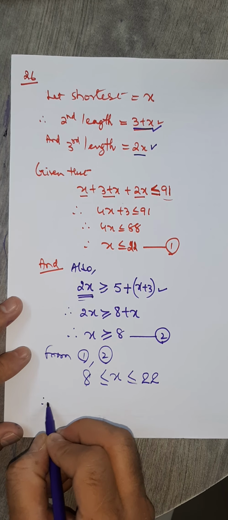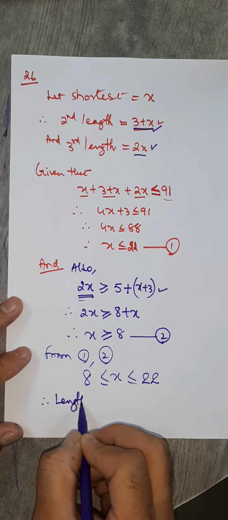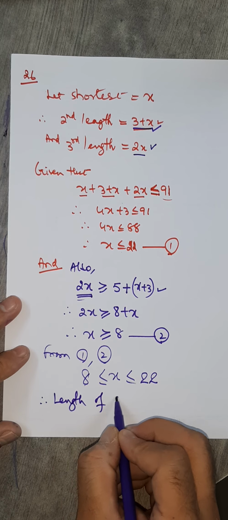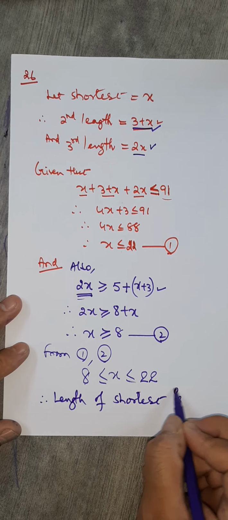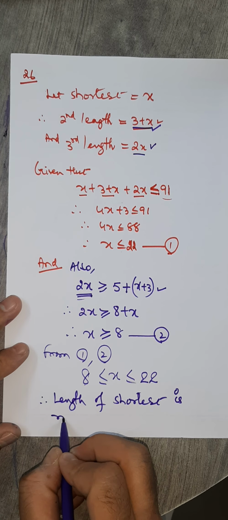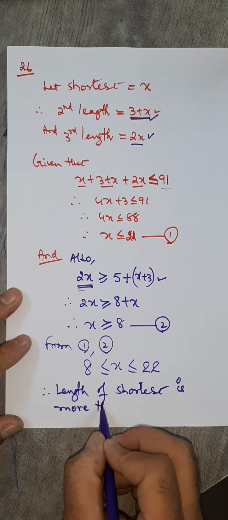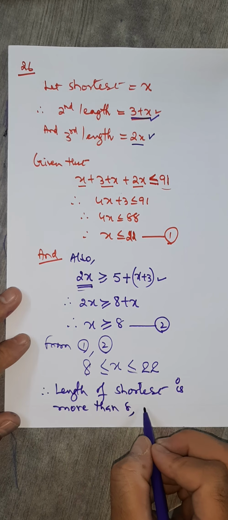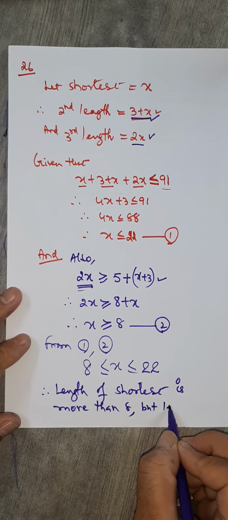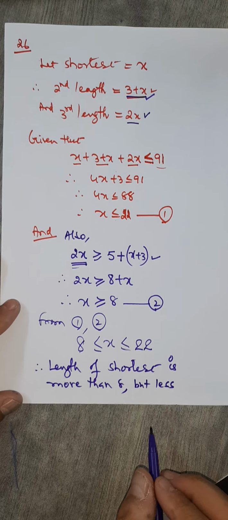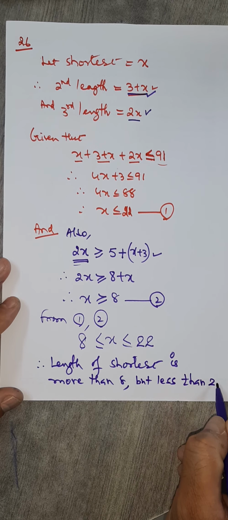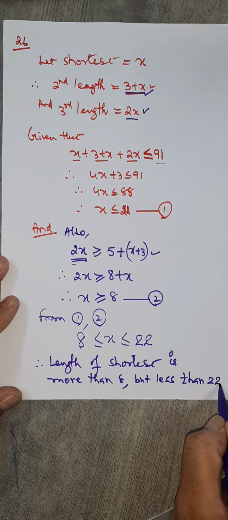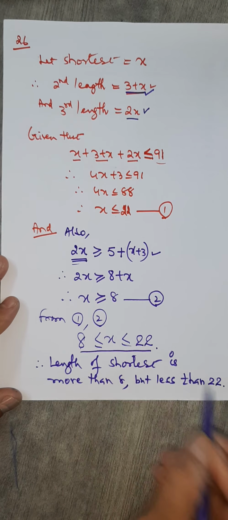So the length of the shortest is at least 8 but at most 22. That's what we have written here.